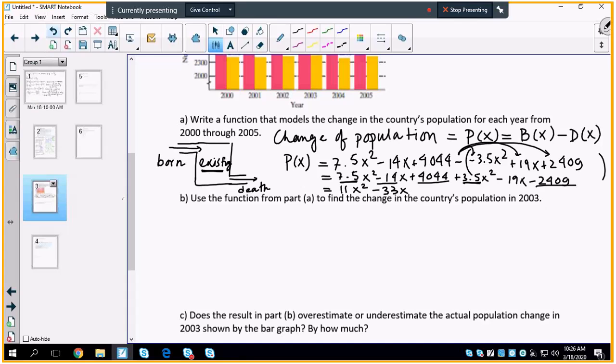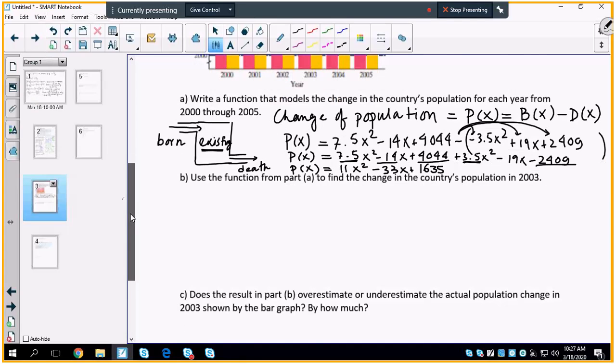So 14 minus 9 will give me 5. 3 minus 0 is 3. And then 10 minus 4 is 6. 3 minus 2 is 1. So plus 1635. So that's your final answer. This is the change in population in the explicit form as a function: 11x squared minus 33x plus 1635.